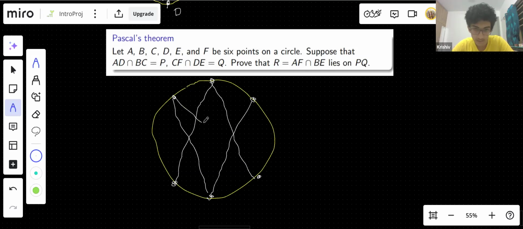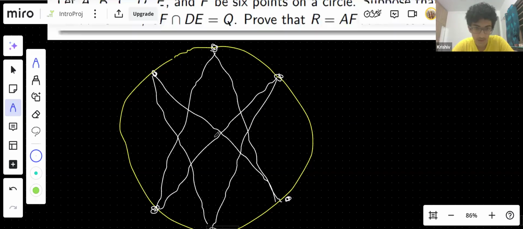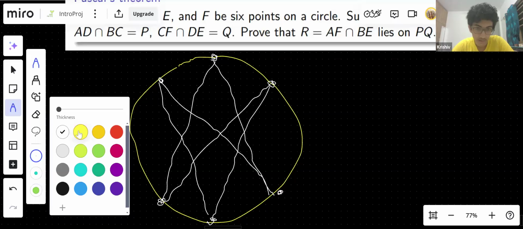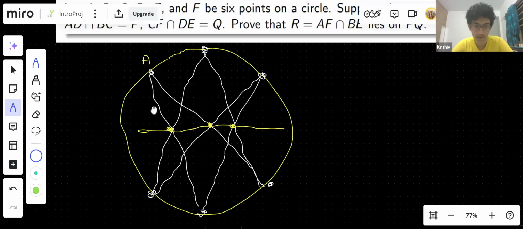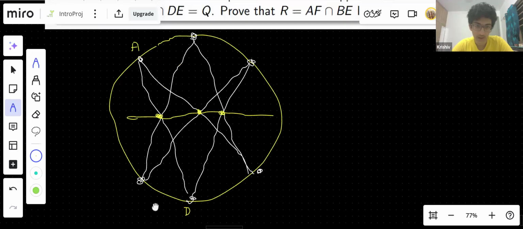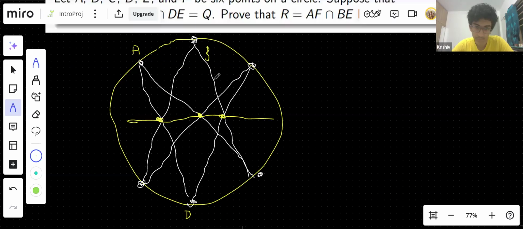There's this weird figure with a lot of concurrencies, or intersections. What I want you to prove is that these 3 points, which are the intersections, are collinear.